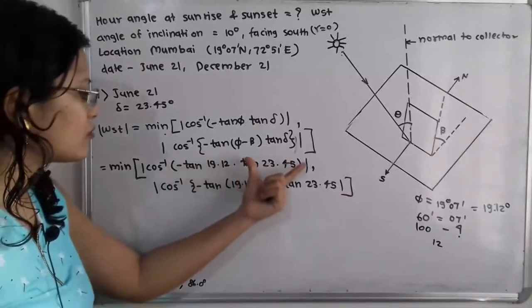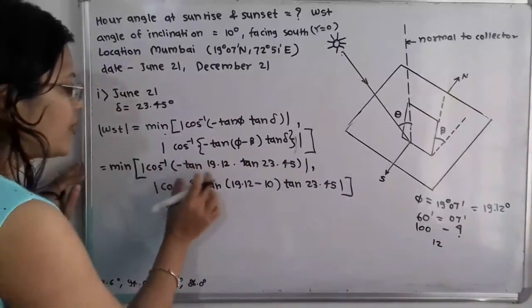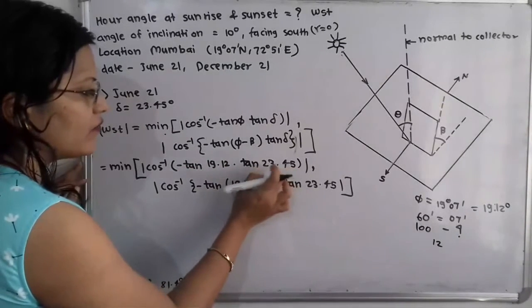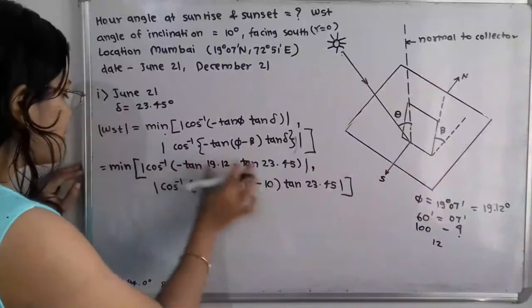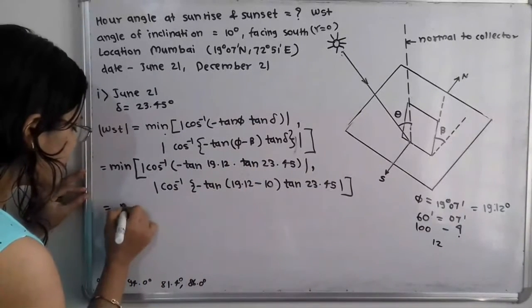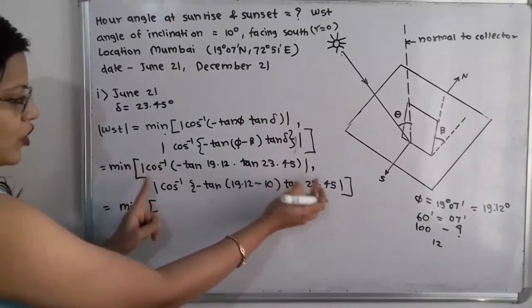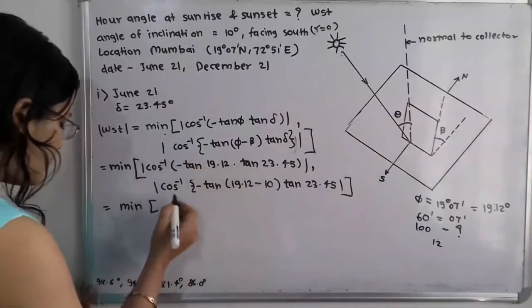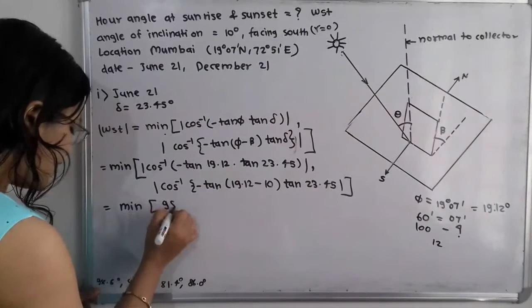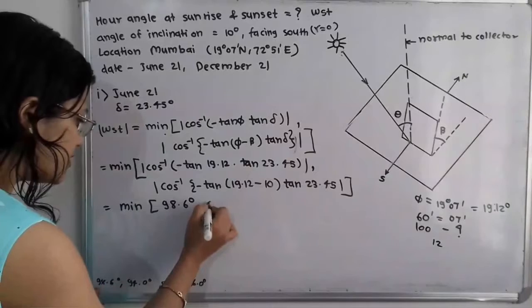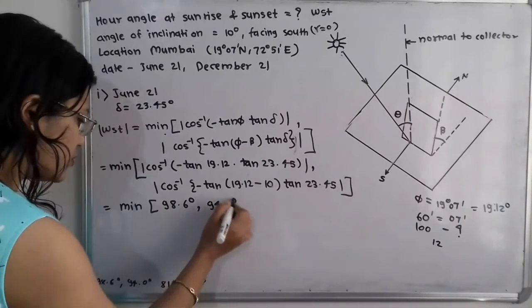If we calculate this first value, we first calculate tan of 19.12 multiplied by tan of 23.45. Then we calculate this first mod and this second mod. For the first mod, the answer is 98.6 degree, comma, for the second mod it is 94.0 degree.